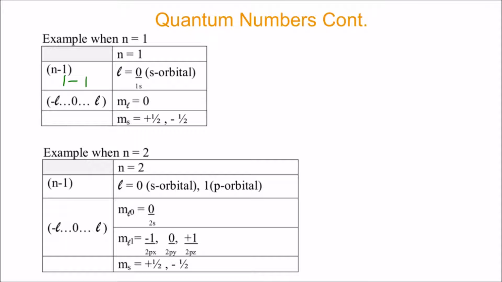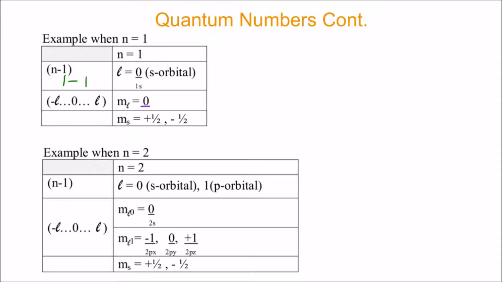Since the s orbital is a sphere, it really doesn't matter what orientation you look at a sphere at. It looks the same no matter how you rotate it. So there's only one way to look at that s orbital. And then we have the m sub s, or the spin number, and that tells you if the electron is spinning clockwise or counterclockwise.